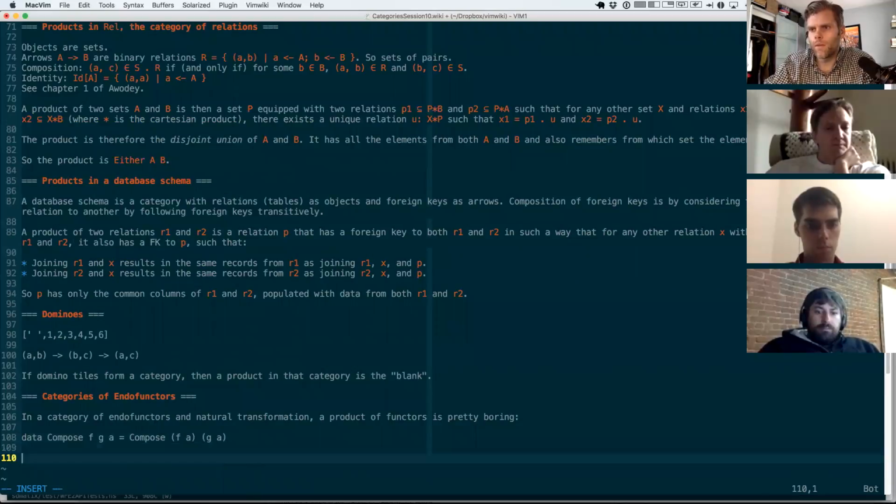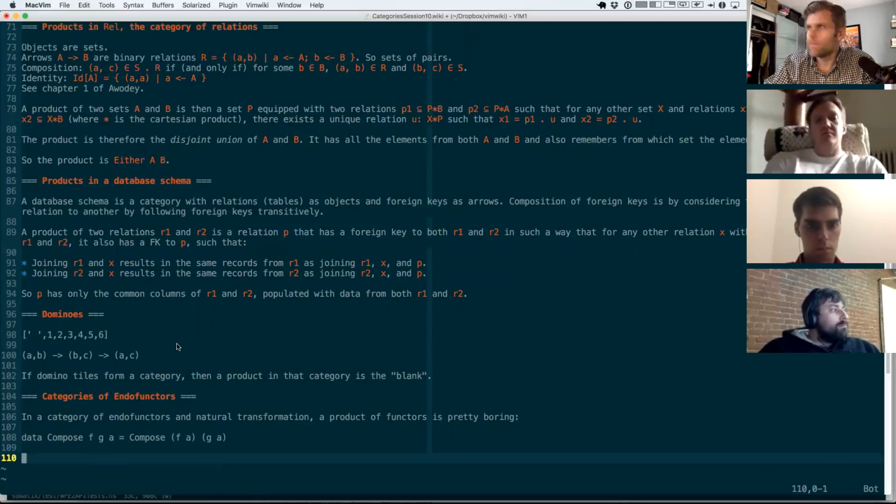There is a way that we could also consider the composition to be the product, but I think we have to go to bicategories to get there. So yeah, that's all I got from these notes.